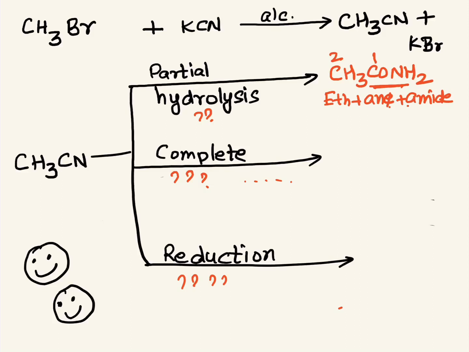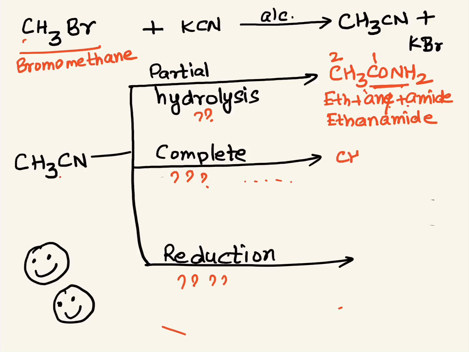Two vowels don't go together, so join them, and we have the name of this compound as ethanamide, right? And what had we started with? We had started with bromomethane.